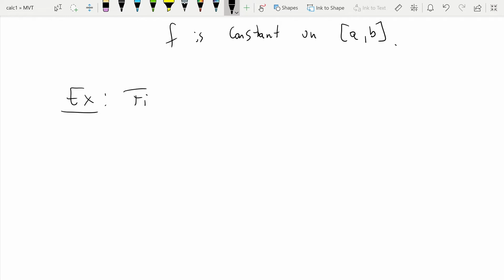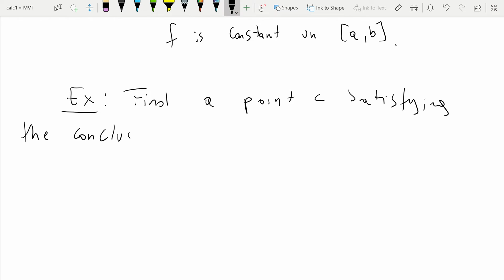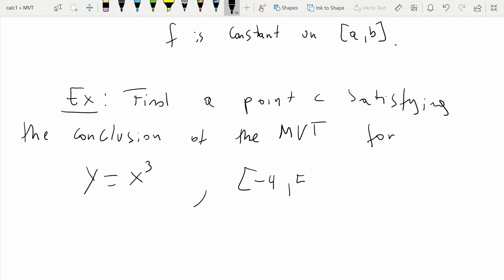A typical question is to find a point c satisfying the conclusion of the mean value theorem for y equals x cubed, where the interval is [-4, 5].